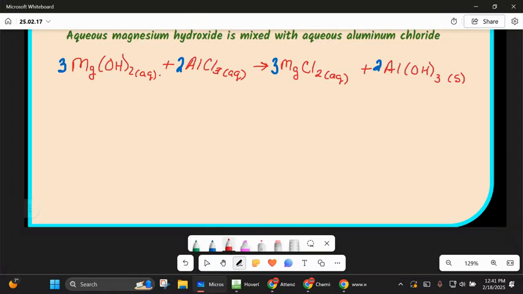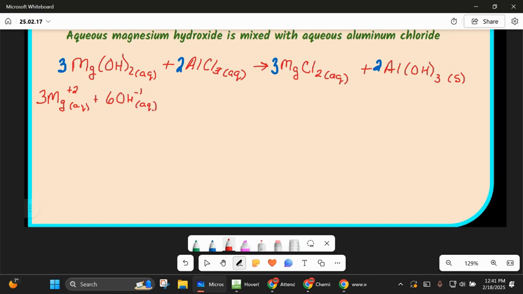Now, again, anything that is aqueous, we could take and break it up into the ions that make it up. So 3 magnesium 2+ ions that are aqueous, plus 6 hydroxide ions that are aqueous as well. And if you're wondering where I got the 6 from, ladies and gentlemen, the 3 out in front multiplies by the 2 by it. That gives me 6 of these.